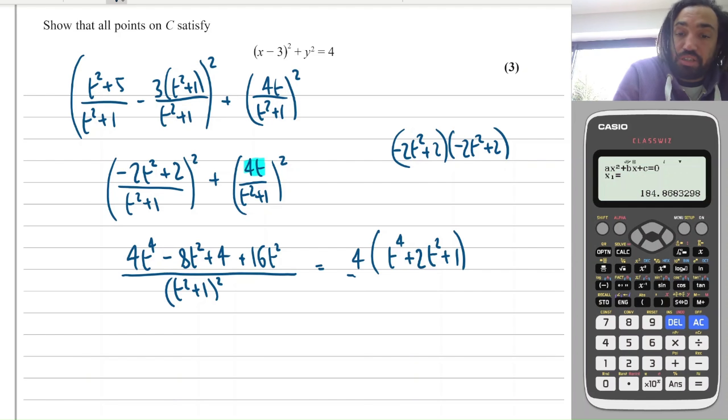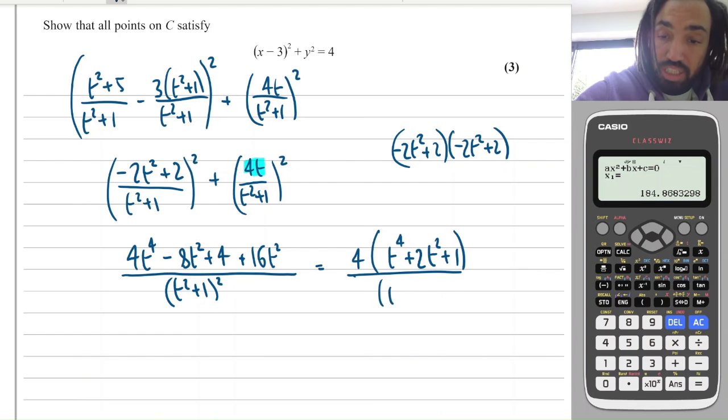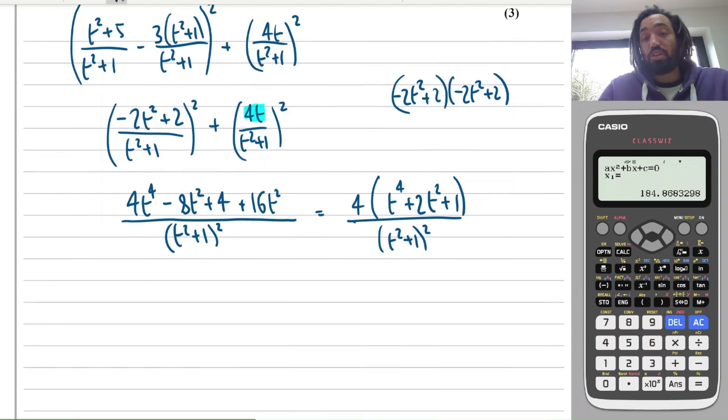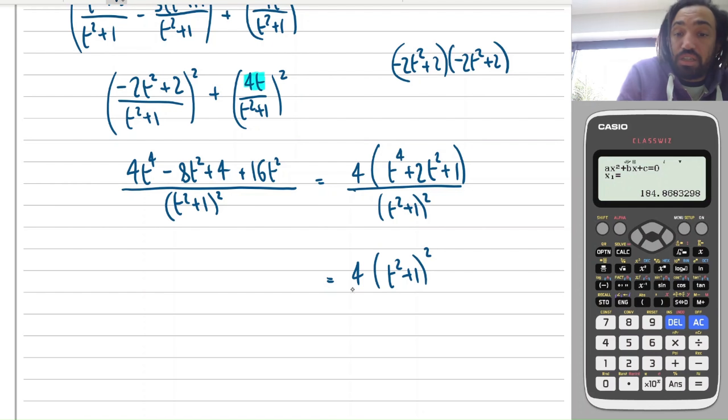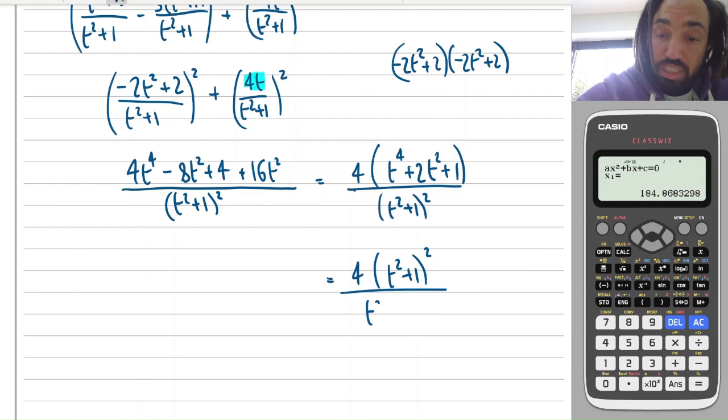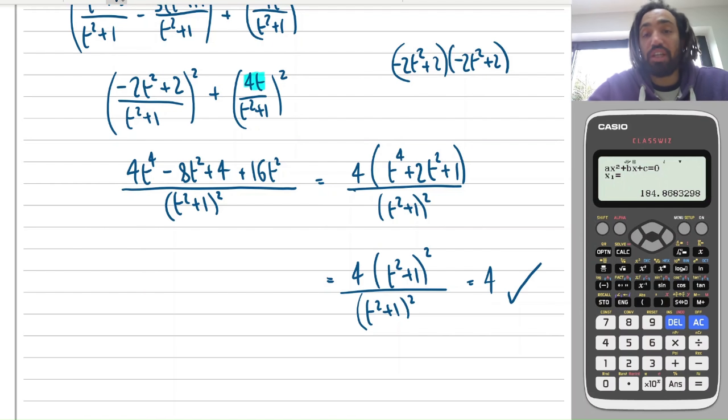Oh great, I see where this is going now. And that's t squared plus 1 all squared. So the top line there can actually be factorized to get t squared plus 1 all squared over t squared plus 1 all squared, which is equal to 4, so therefore it is correct.